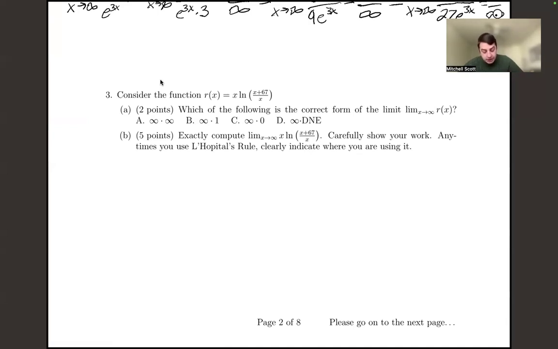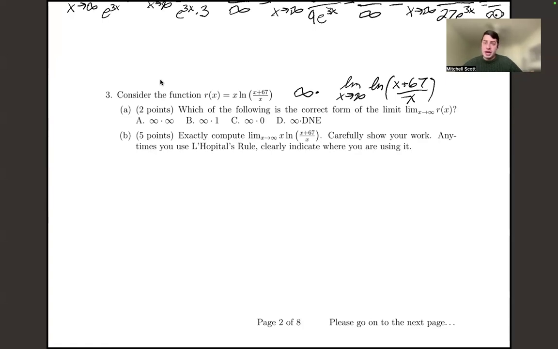Obviously, as x goes to infinity here, we know it's going to be infinity times something. So unfortunately, I cannot get rid of any of the choices. It's infinity times something. And so I need to figure out what the limit as x goes to infinity of ln of (x plus 67 over x) equals.